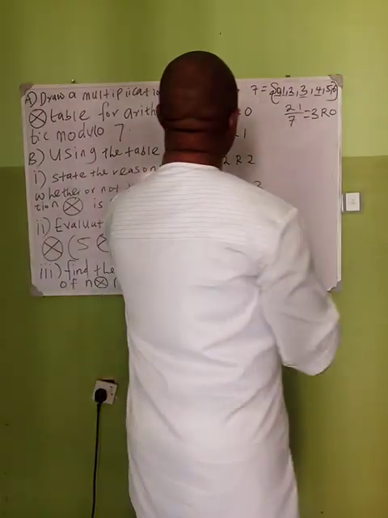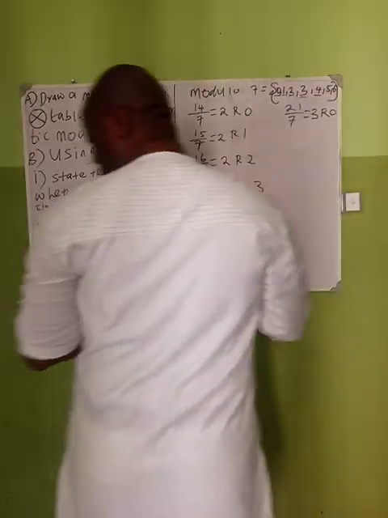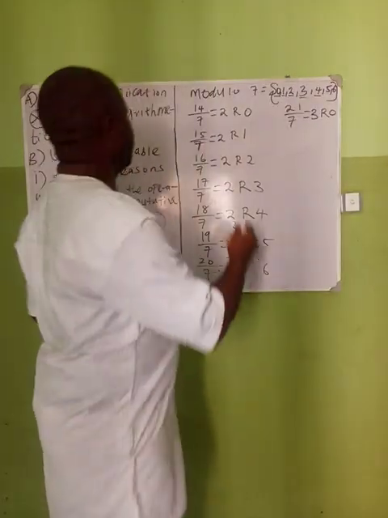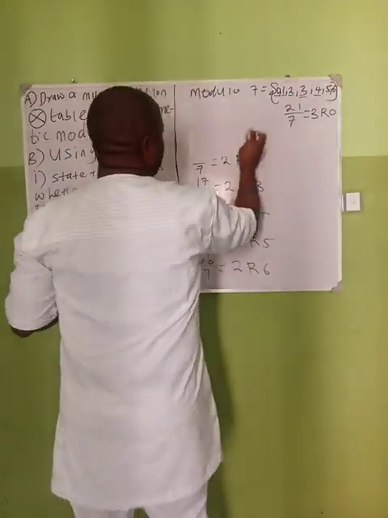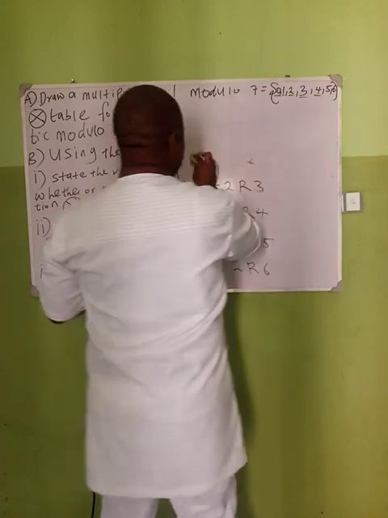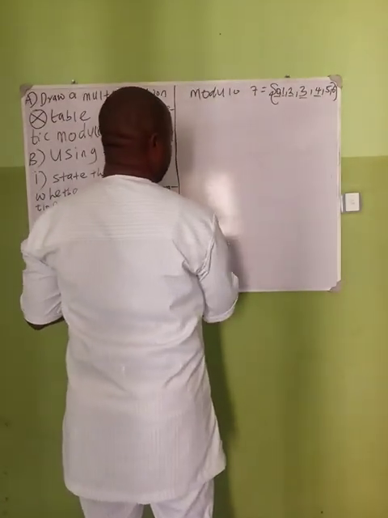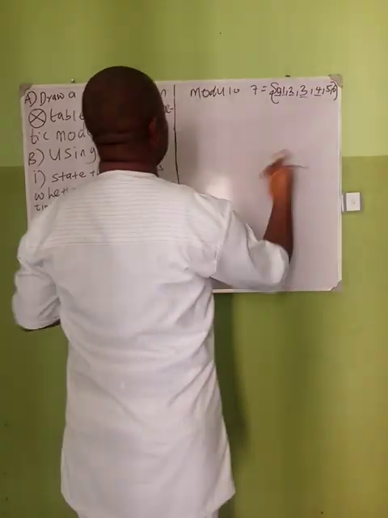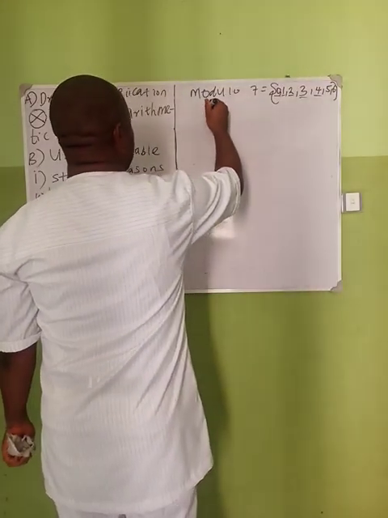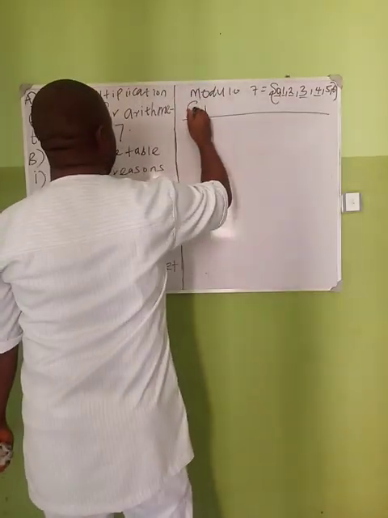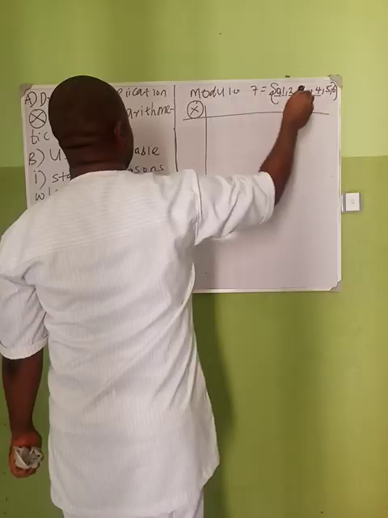So now, in order to do the multiplication, let me get rid of this. Oh, sorry about that. Let me get rid of this so we can now do the multiplication, having explained how we got that. So in order to do this multiplication now, we're going to draw a table like this. Since it's 0 to 6, this place will show us that we're multiplying, and the numbers will tell us the modulo.